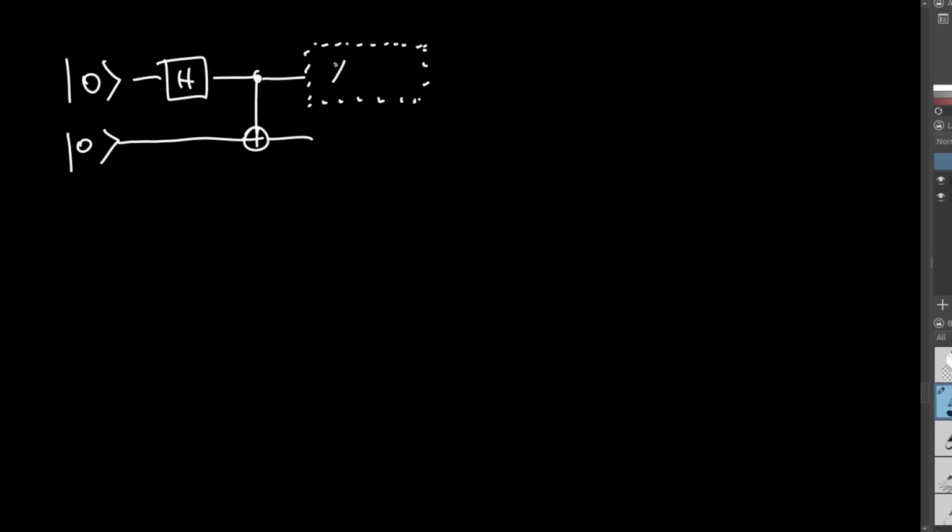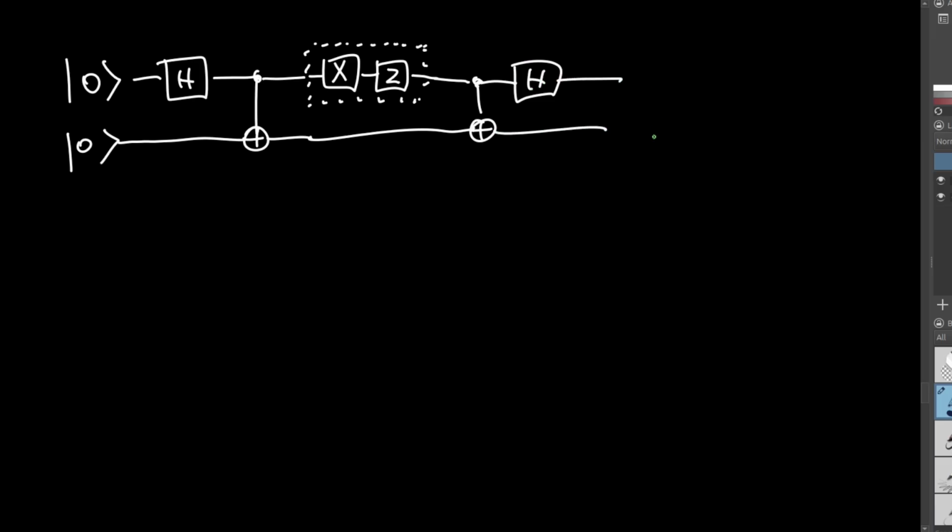We can apply X gate and we can apply Z gate, or only one or neither, and then we can again apply CNOT and Hadamard, like this. And in the case of nothing, so identity, we just get back to 0 0.